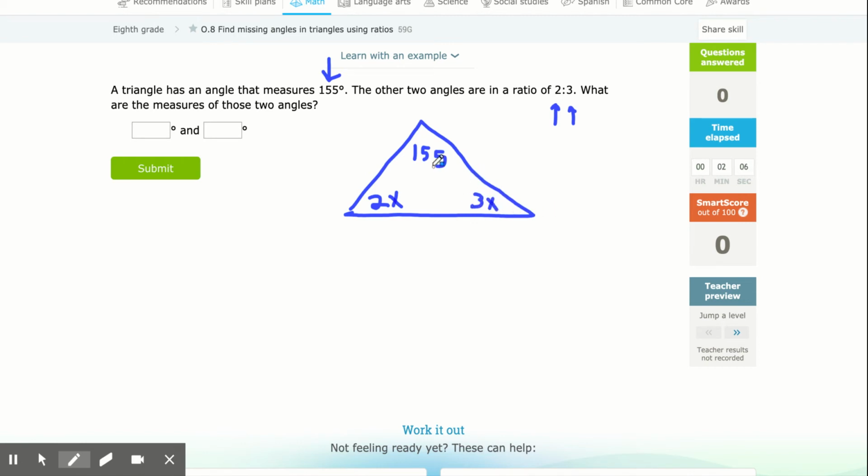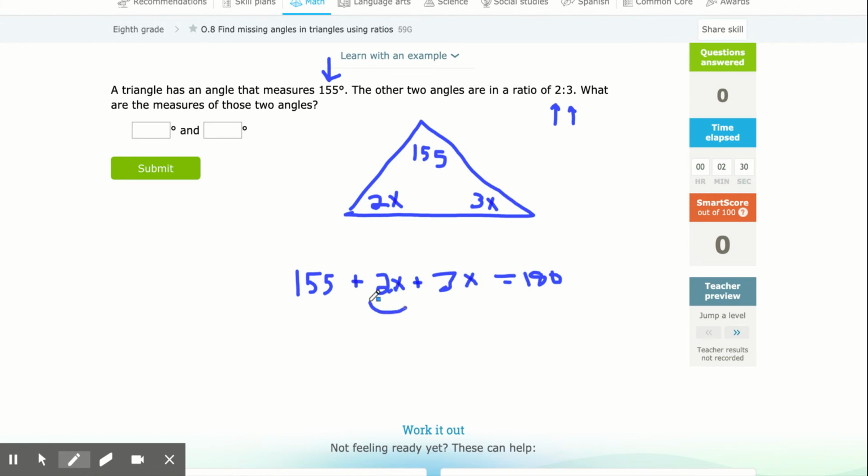Then I'm just going to add those three together. I'm going to go 155 plus 2x plus 3x equals 180. And I'm going to simplify this multi-step equation, which we've learned to do.